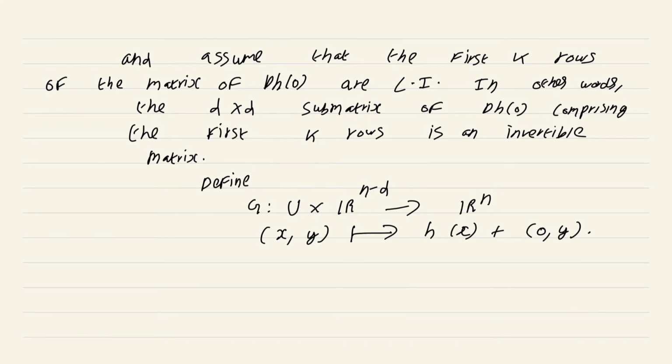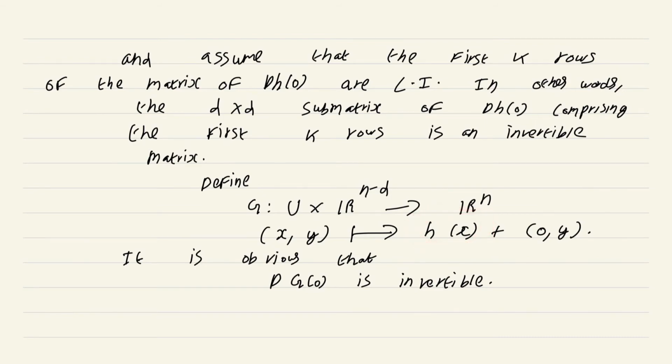It is obvious that dG of 0 is invertible. Please check that. What will happen is there will be a d cross d submatrix, which is going to be invertible, contributed by H. Then the remaining one is sort of like identity.